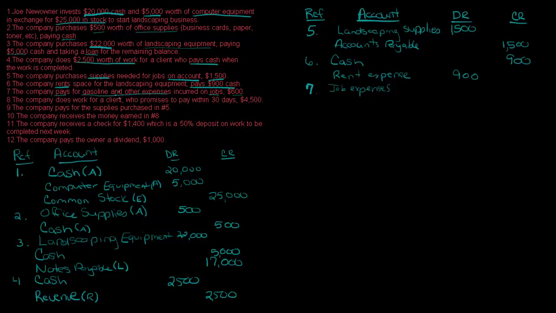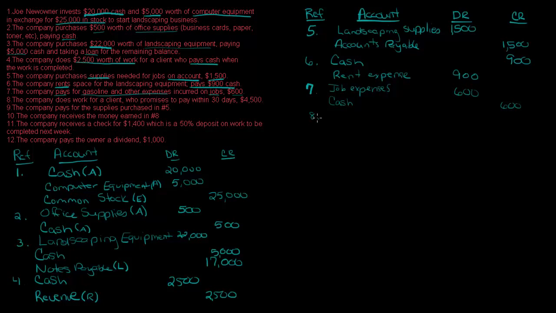And then our other account, because we paid for it, would be cash. Okay, let's start with cash. My cash is decreasing because I paid cash, so that would be a $600 credit. And my job expenses, my expenses going up, which is a debit.